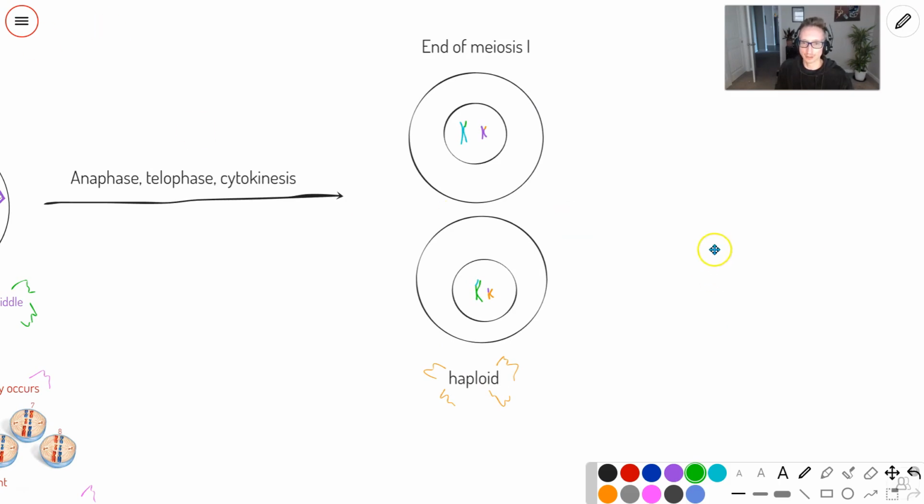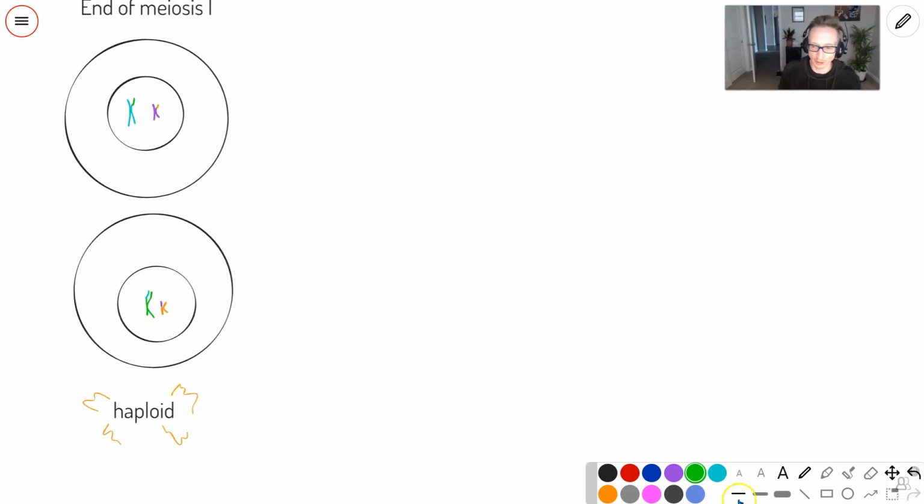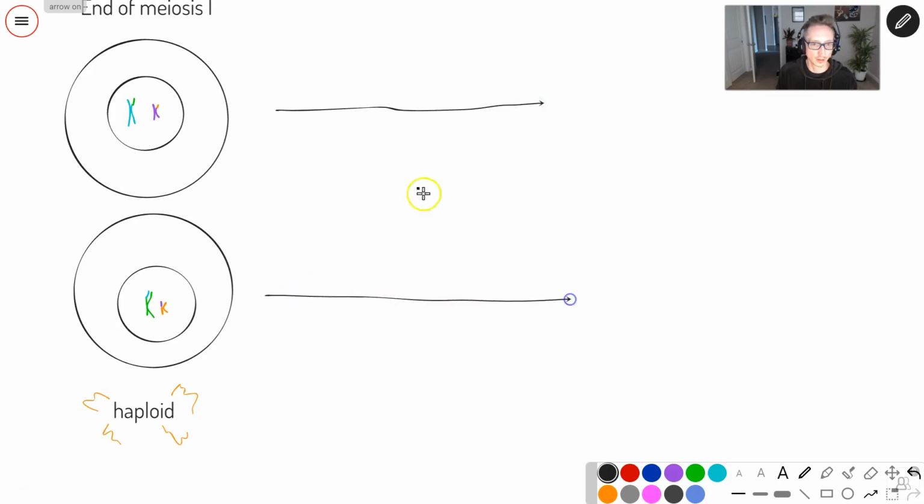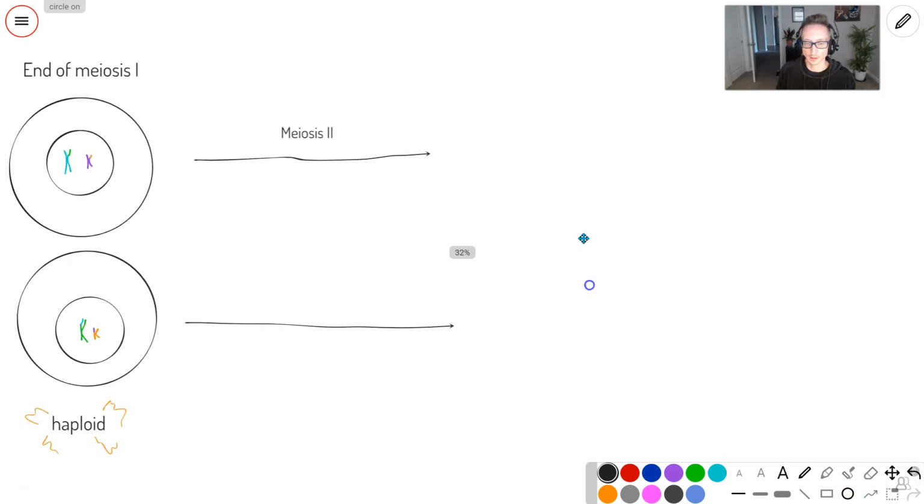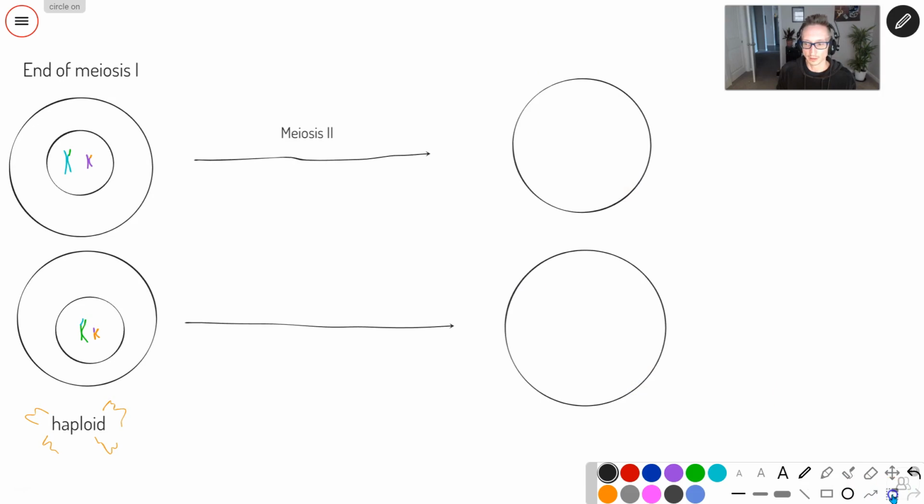Now let's go through this very simply. We'll just show these in metaphase, going into meiosis 2. With both of these, we'll show them in metaphase, where the chromosomes are lined up in the middle.